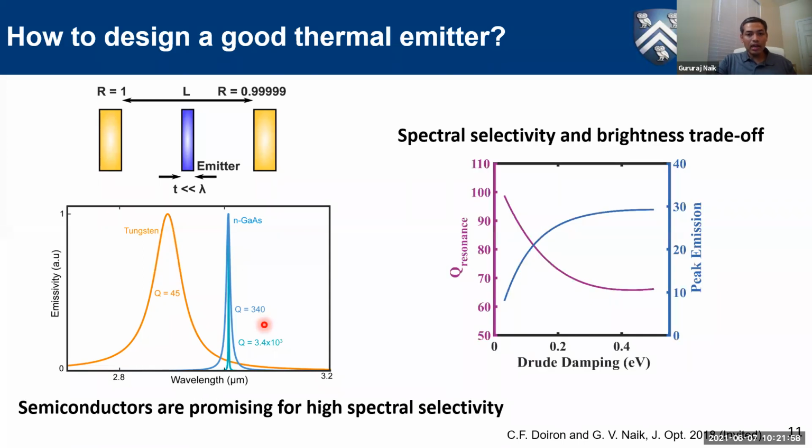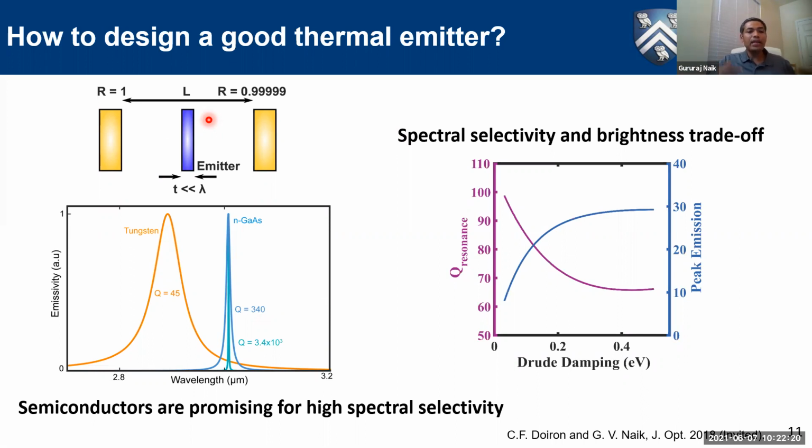And another problem, which in fact always haunts all of these devices, is that if you take any single resonator device for thermal emission, as you add more losses to this cavity, there are more thermal photons that come out of this material. So thermal emission requires absorption losses. More absorption losses, more thermal emission.